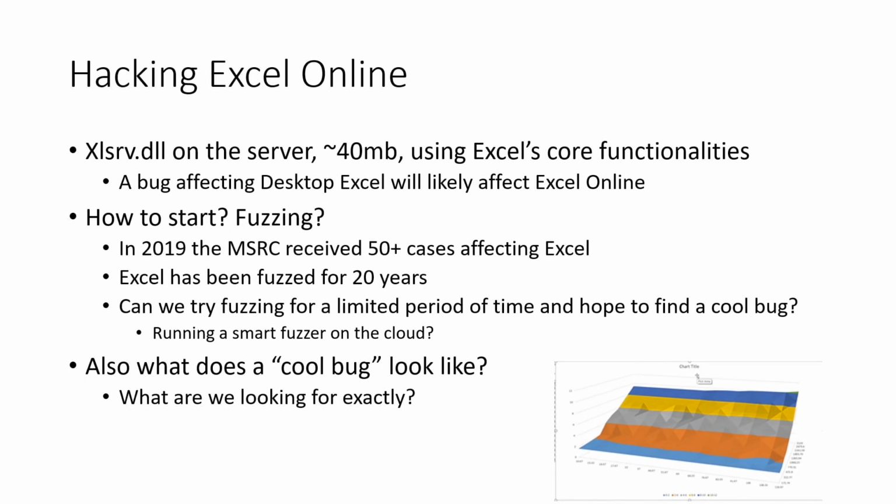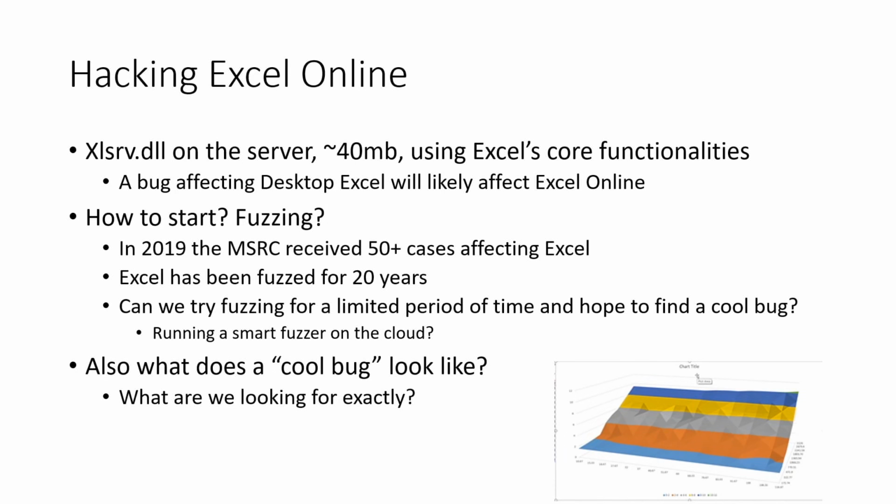Now we are in 2018, and the question is, how do we find a bug in Excel Online? You know, Excel has been fuzzed for over 20 years, by external finders and also by the product team. Would it make sense for me to start running a fuzzer, maybe in the cloud?